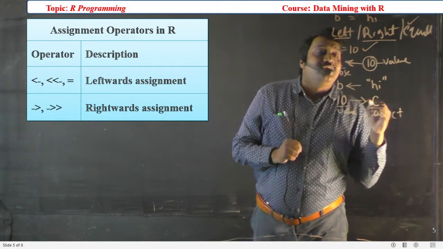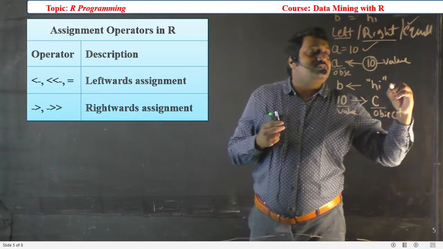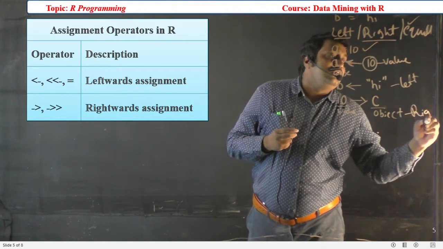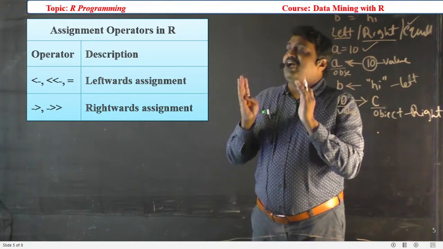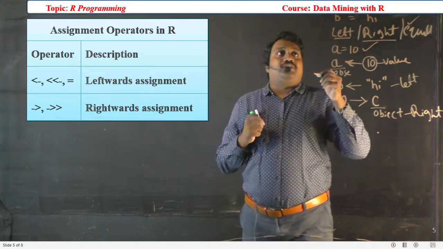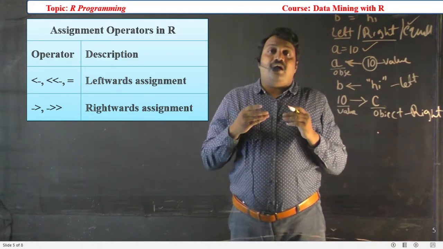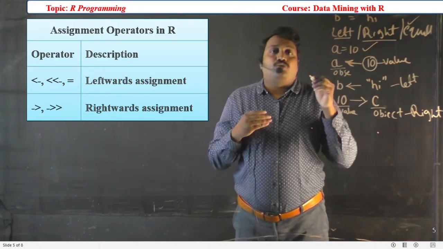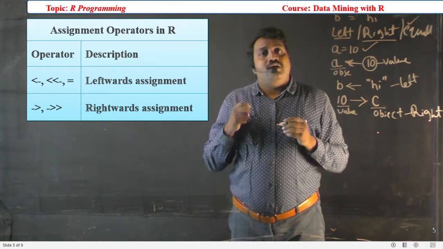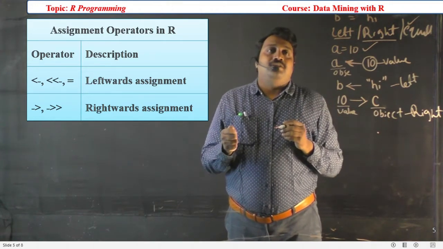Like this, we use the leftward or rightward direction to assign any value to a variable or object. So the main approach is to use different operators to assign values to any object or variable.